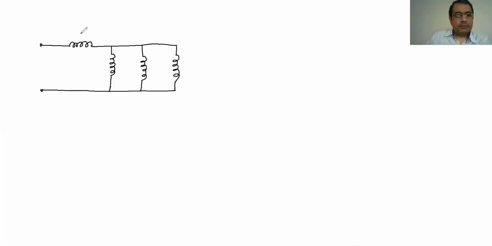So it's going to be 4 Henrys, and it's going to be 3, and it's going to be 6, and then we have 2. And then we want to see how we can replace it, if, for example, again, it's going to be A and B, with a single one, something like that.